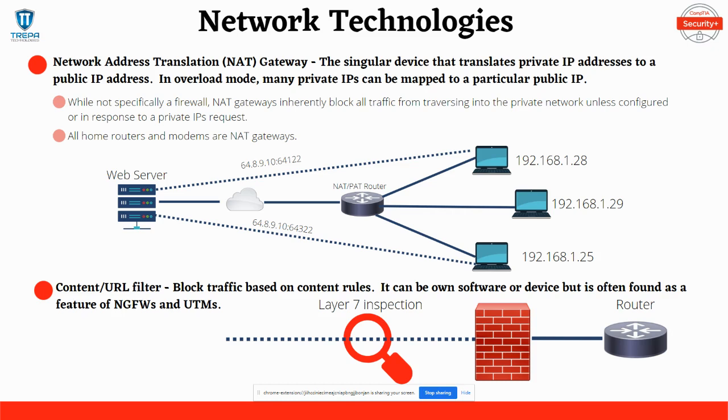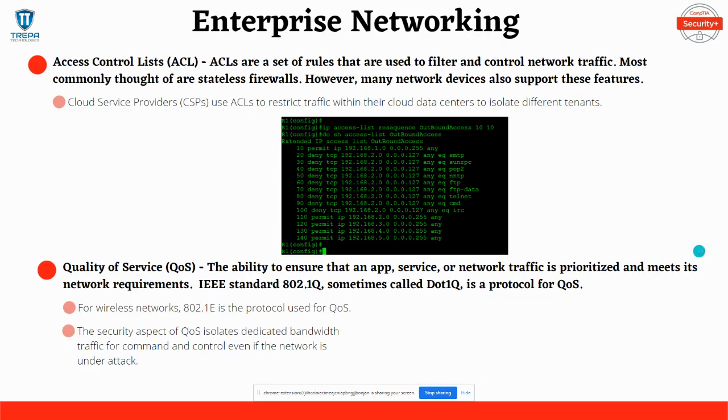Next generation firewalls that are doing this layer 7 inspection or this content inspection will permit or deny based on the type of traffic. And then let's go over our ACLs, our access control lists. These are the set of rules that define traffic based on IP or protocols. ACLs are the basis of stateless firewalls, and they're the permit and deny rules in a firewall.